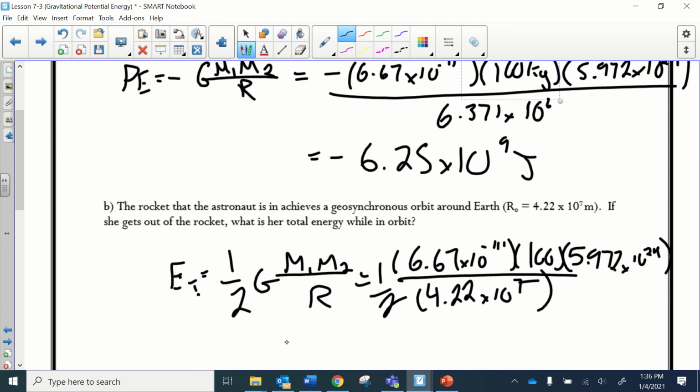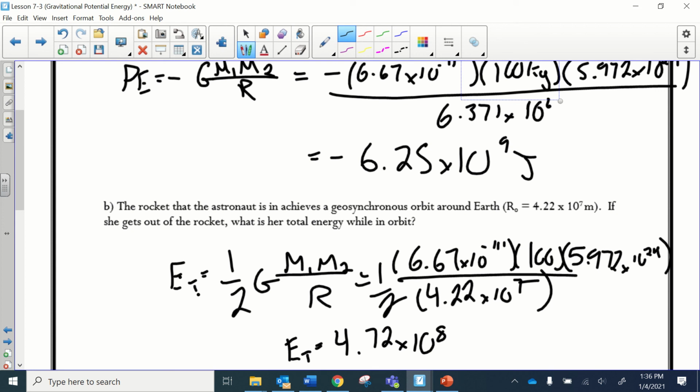I get a value of negative 4.72 times 10 to the 8. That is her total energy while she's in orbit.